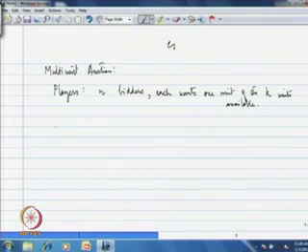And they have their valuations also. So, V1, V2, etc., Vn, greater than 0, are their valuations.